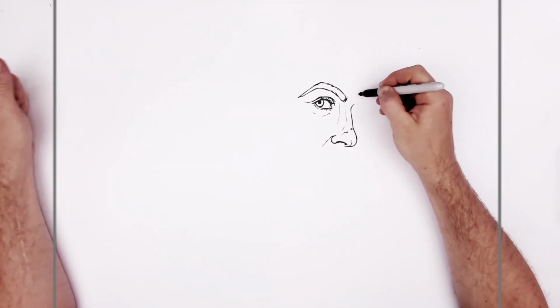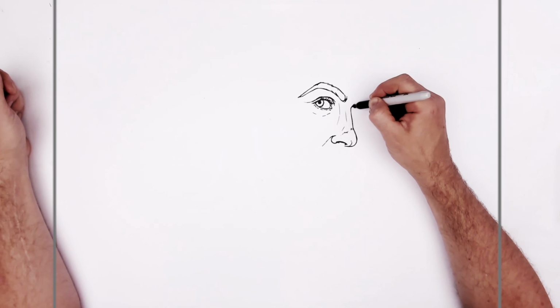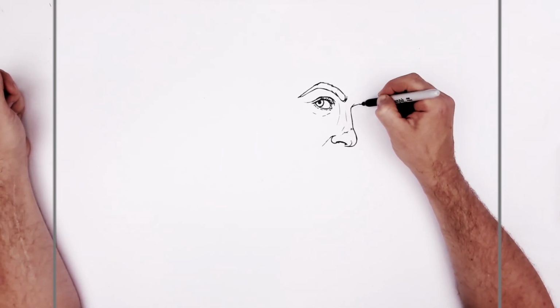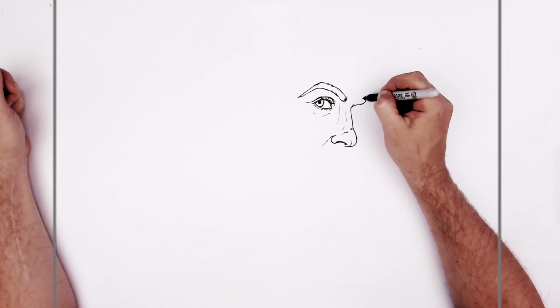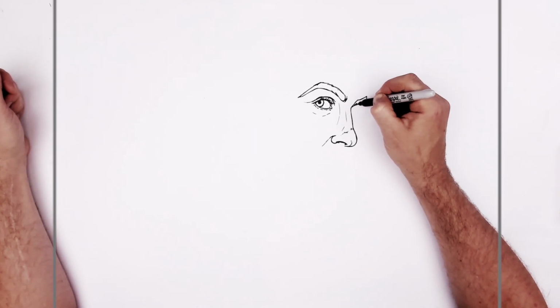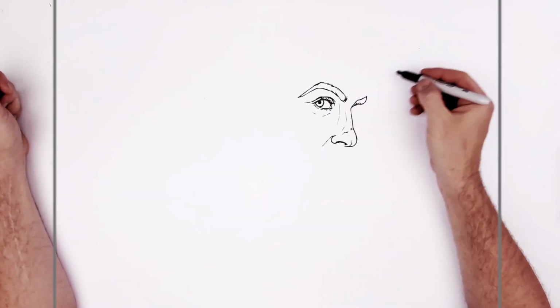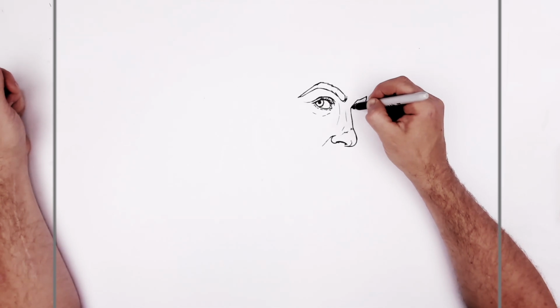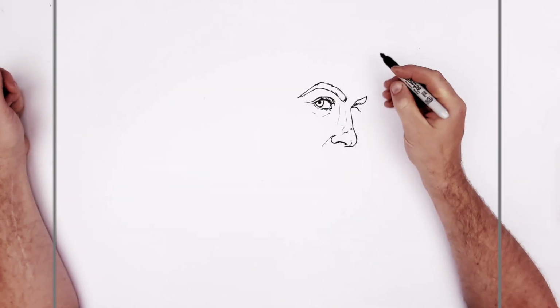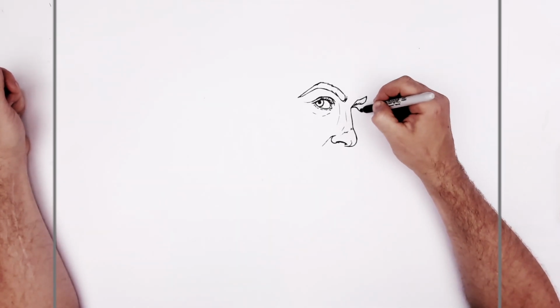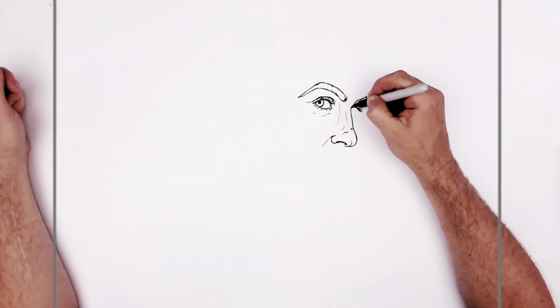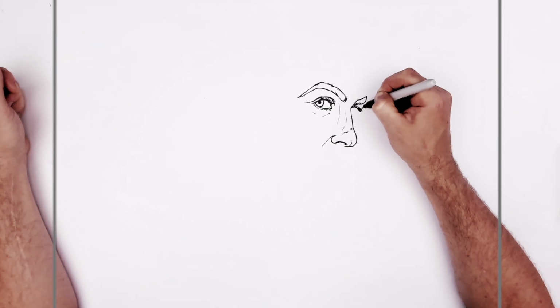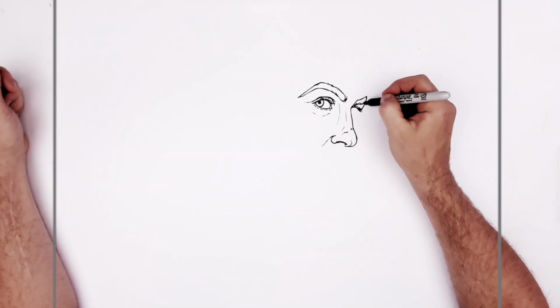Right, so what we can see of his other eyebrow, not as much, so it goes behind his head, because his head is turned away. So kind of like that. And then we can just see eyelashes sticking out here. A bit of an eyelid line. And then his brow sort of goes that way.